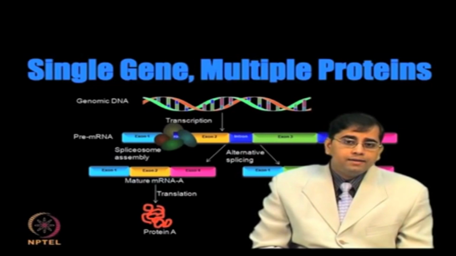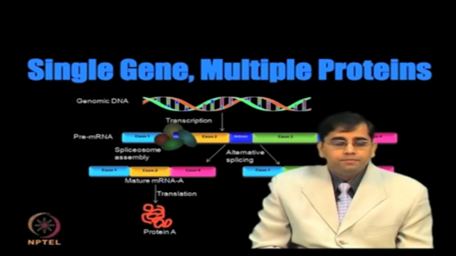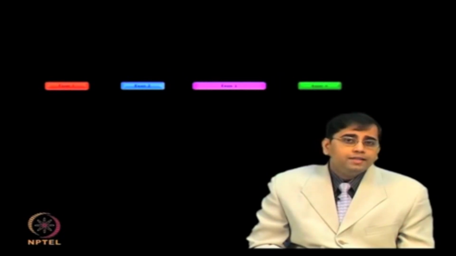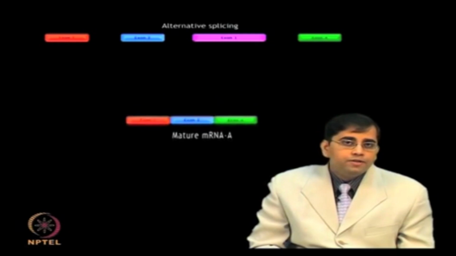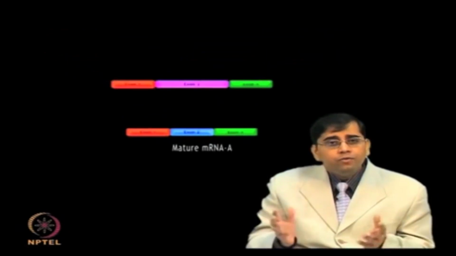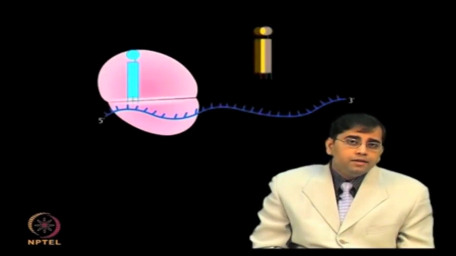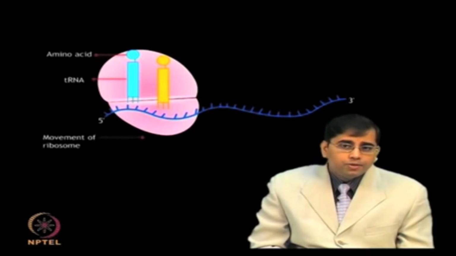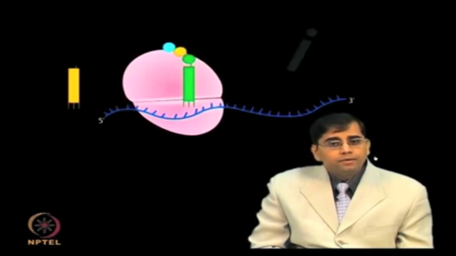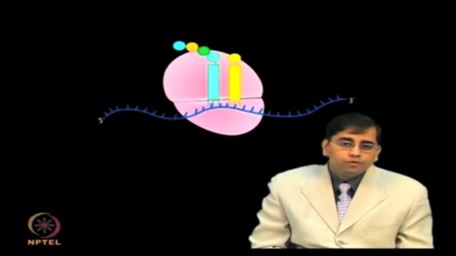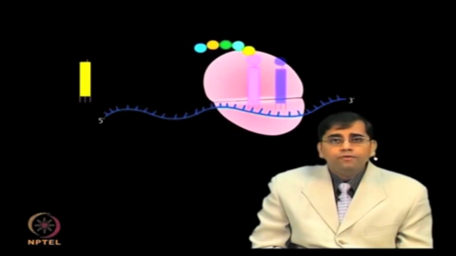Second important factor is that a single gene can give rise to multiple proteins. Alternative splicing is a process by which exons or coding sequences of pre-mRNA produced by transcription of a gene are combined in different ways during RNA splicing, resulting in mature mRNA that gives rise to different protein products by translation, most of which are isoforms of one another.